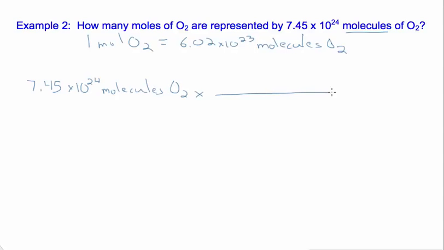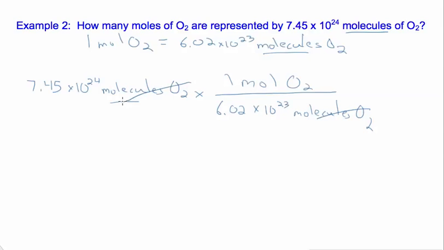If we're trying to get rid of molecules, then molecules has to go on the bottom. So we put 6.02 times 10 to the 23rd molecules of O2. And we put 1 mole on top. You can see that molecules cancel out.